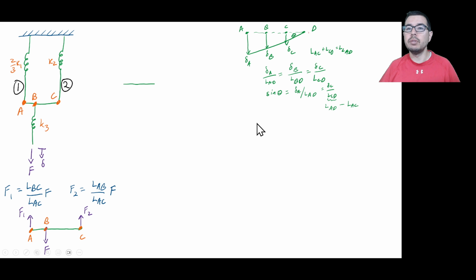Now we're going to look at our beam without this point D. Because there was no point D, we're going to say that we have ABC and it has some initial position as we've drawn here.